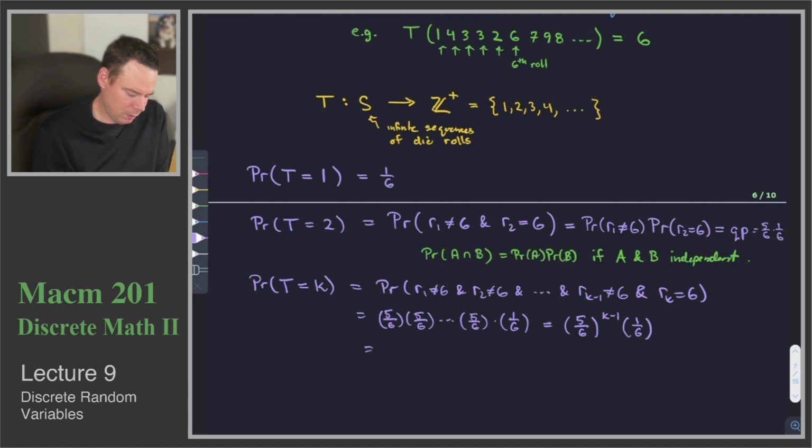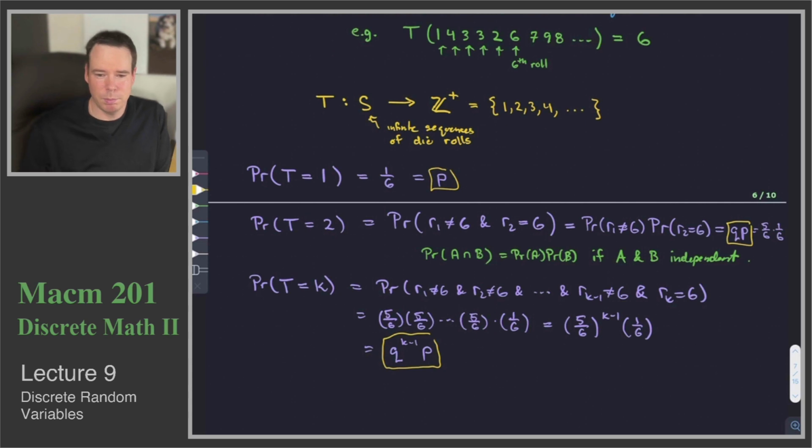Or in terms of our p's and q's, this is q to the k minus 1 times p. I'm just going to draw your attention that this one was p, this one was qp, and in general it was q to the k minus 1 p, which meets the pattern that the first two have. All right, so now we've got these probabilities.